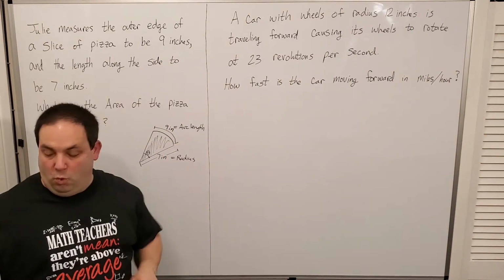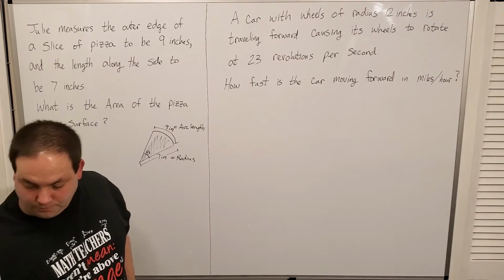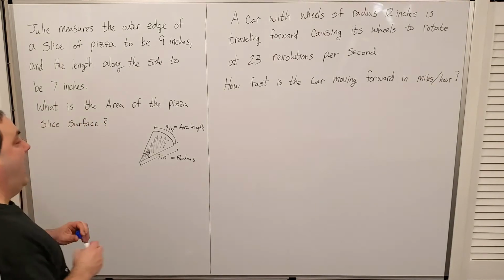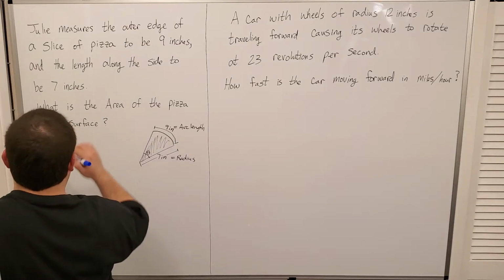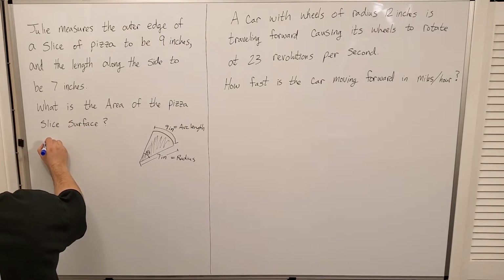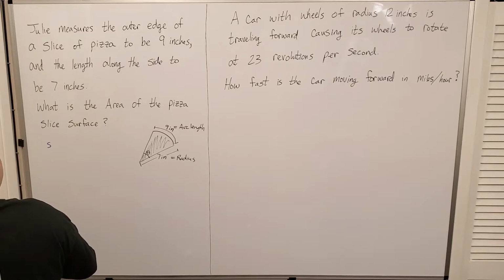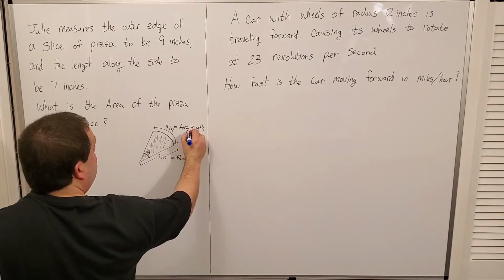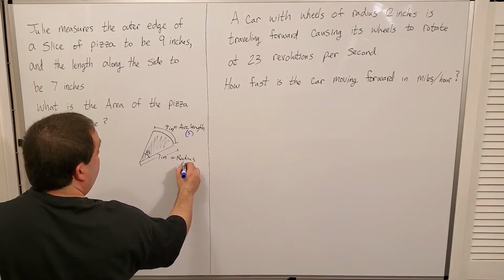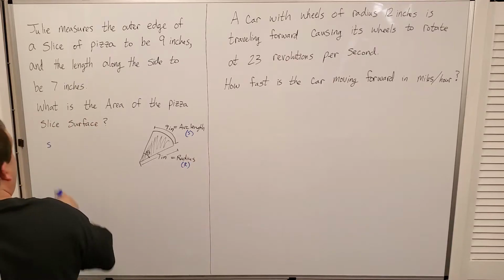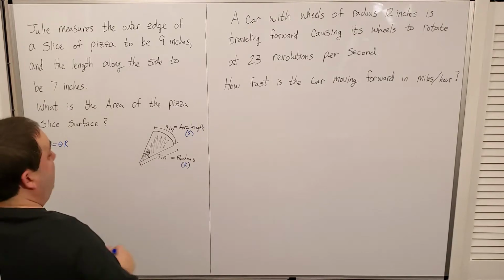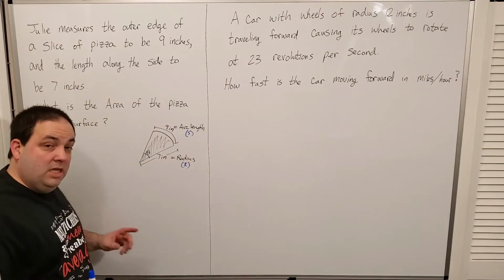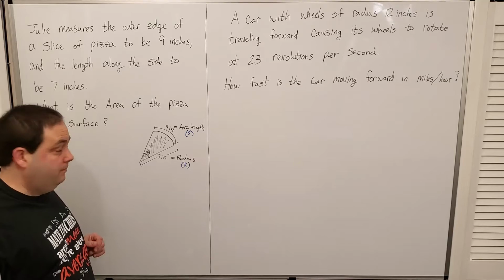Okay, so there's two formulas that are in play here. First of all, how does arc length relate to radius? Right? We know that arc length is symbolized with S. Radius, I'll use capital R. S is equal to theta times R, as long as theta is in radians.